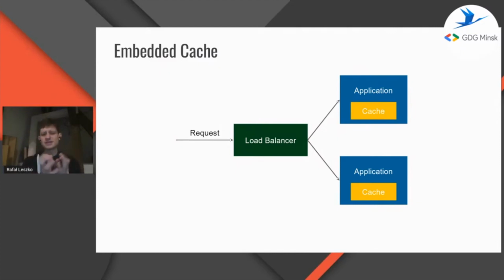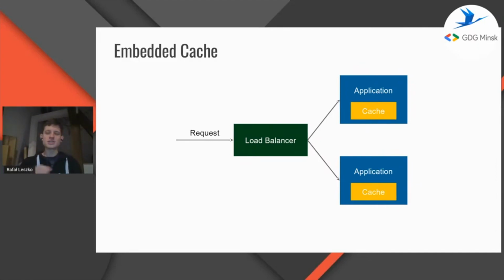We usually have a load balancer, which load balances the traffic, and it forwards the request to one of the application replicas. And now each application has a caching library. And now it checks, okay, if I already processed such a request, if yes, take the value from the cache. If no, do some business logic, put the value into the cache, and return the result.